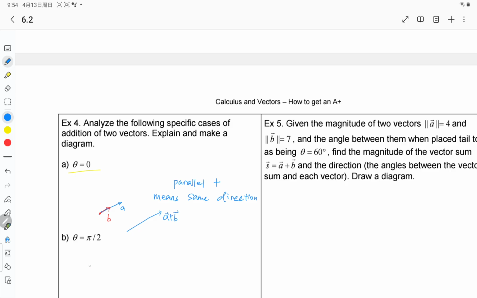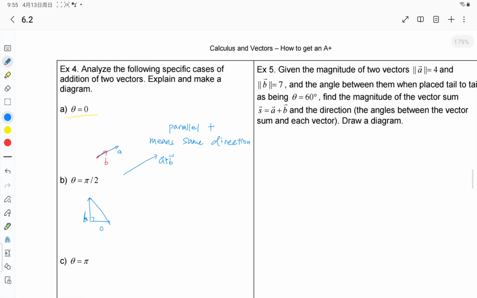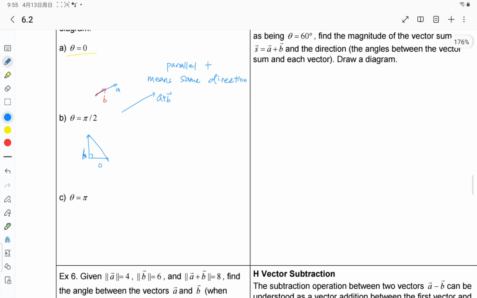And for the right triangle, again, Pythagoras, right? For the other side, this question is not even well stated because it's not telling what to do. But anyway, then this theta is pi. It means opposite direction.